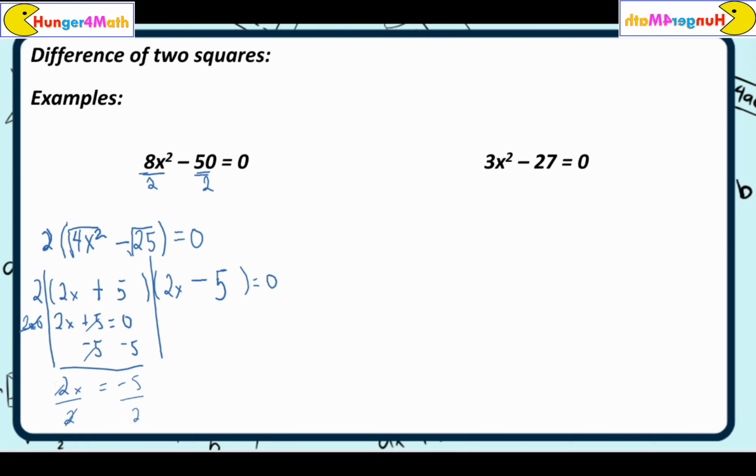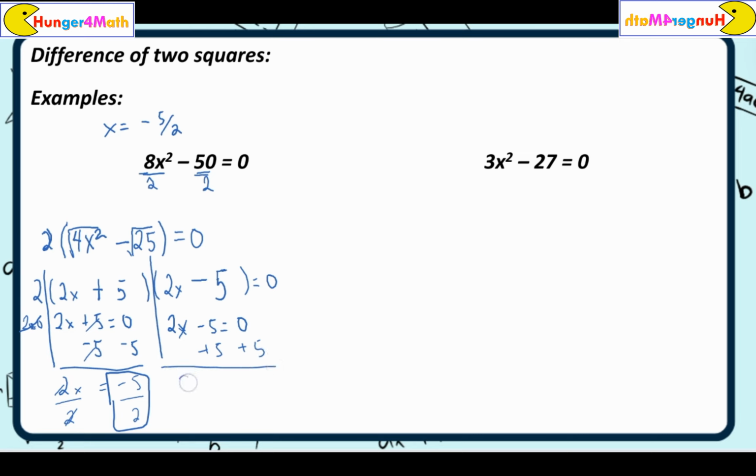So the first value of x, let's write it here. X is equal to negative 5 over 2. The next factor we have is 2x minus 5 is equal to 0. So plus 5 for both sides.